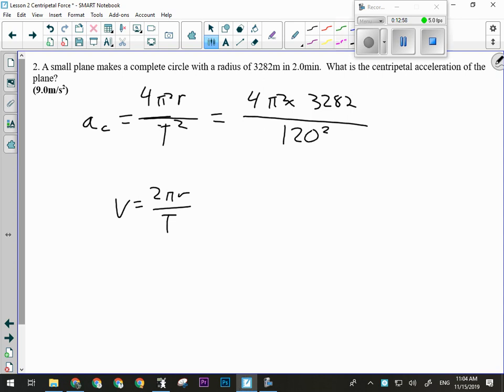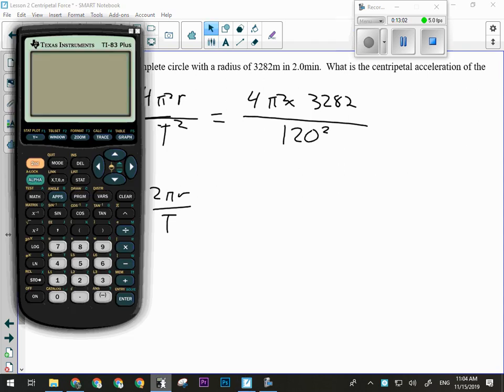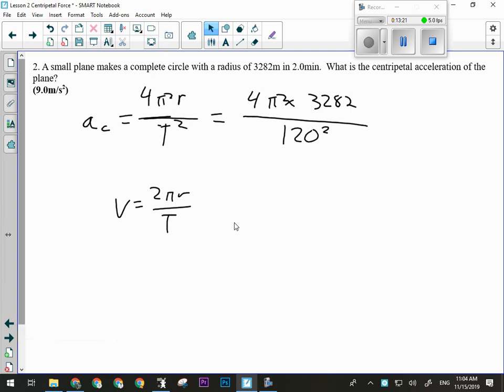Why is it 120? Because it needs to be in seconds. So when I do that, I'm going to have 4, and then just use the pi button, squared, times 3,282 divided by 120 squared. That's 8.9977, so that's 9.0 meters per second squared.